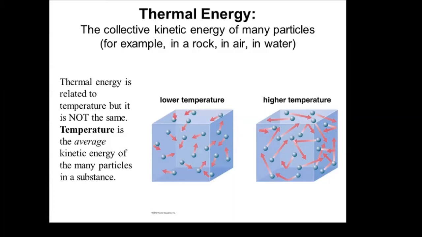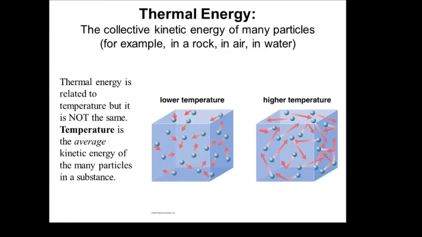Thermal energy is actually a type of kinetic energy. It's a way to characterize the amount of kinetic energy that something has, which sounds very similar to temperature, but they actually have some distinctions.